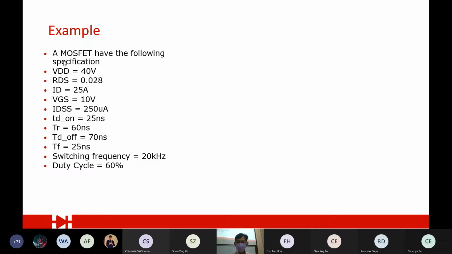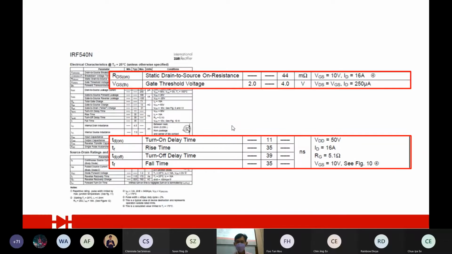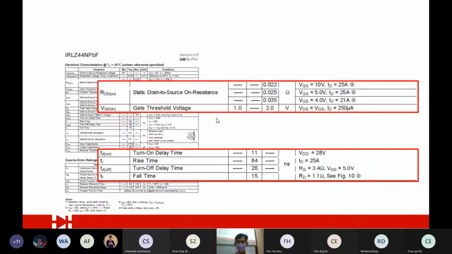And we have the turn on delay time, the rise time, turn off delay time, and the fall time. All this information you can obtain from the data sheet. Definitely it's from one of the data sheets.